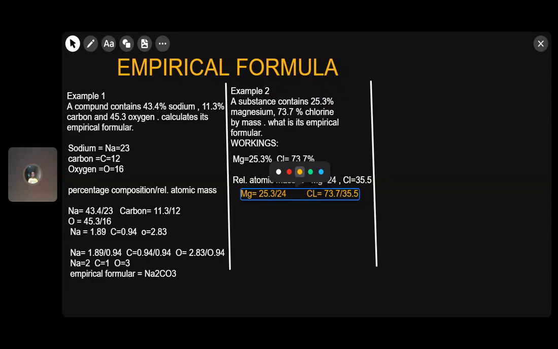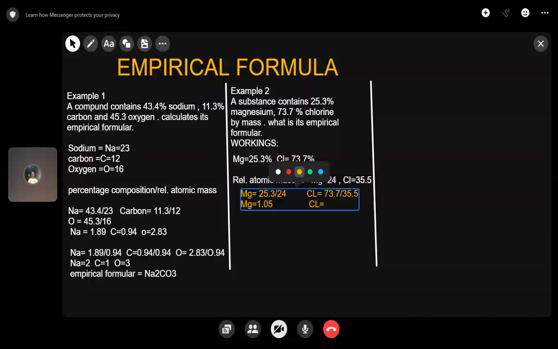Now let's divide with our calculators. Mg equals 25.3 divided by 24, which gives us 1.05. And for chlorine, 73.7 divided by 35.5 gives us 2.10.